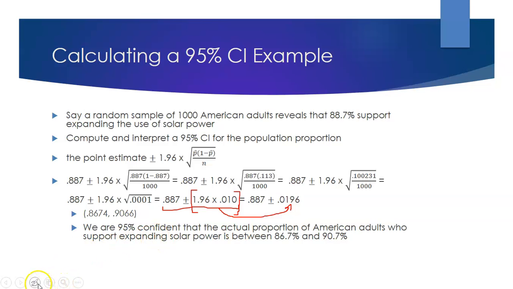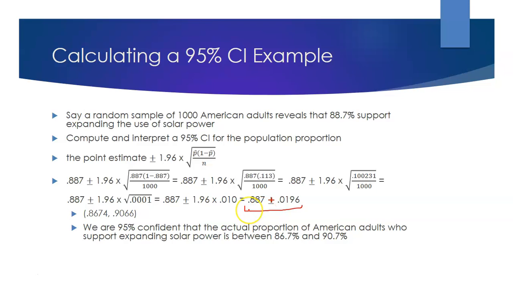Once we have that value, this is the last step that we have to do to create the confidence interval. We first do 0.887 plus 0.0196. That gives us the upper end of our confidence interval, so the higher value, okay?